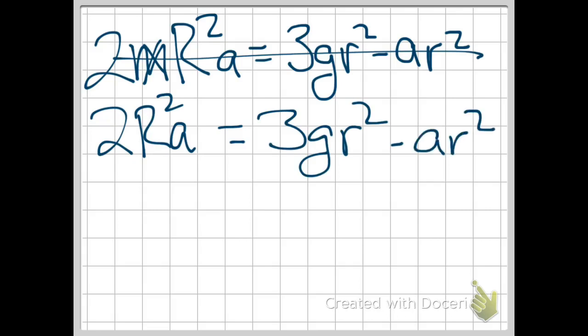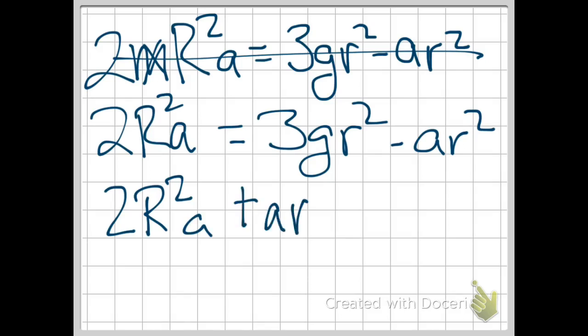It's really important to pay attention to what you're doing when you're doing these lengthy algebra things. Okay. We're going to move a r squared to the other side. 2R squared a plus a r squared equals 3g r squared. And if we look at this, we can factor out the a's.